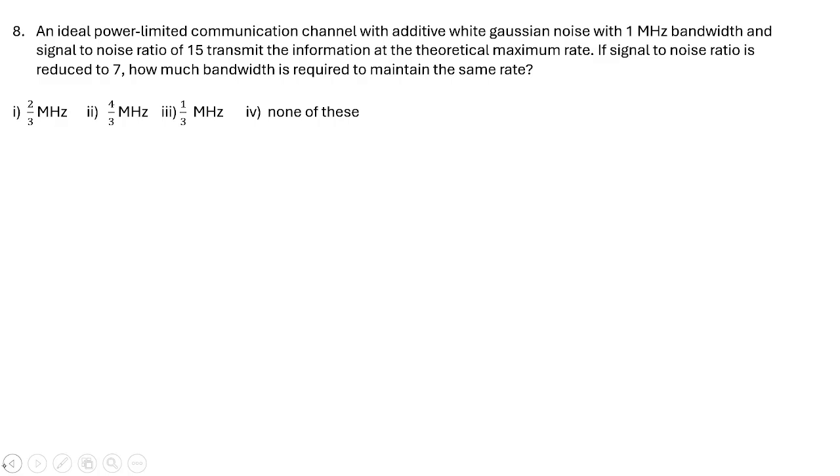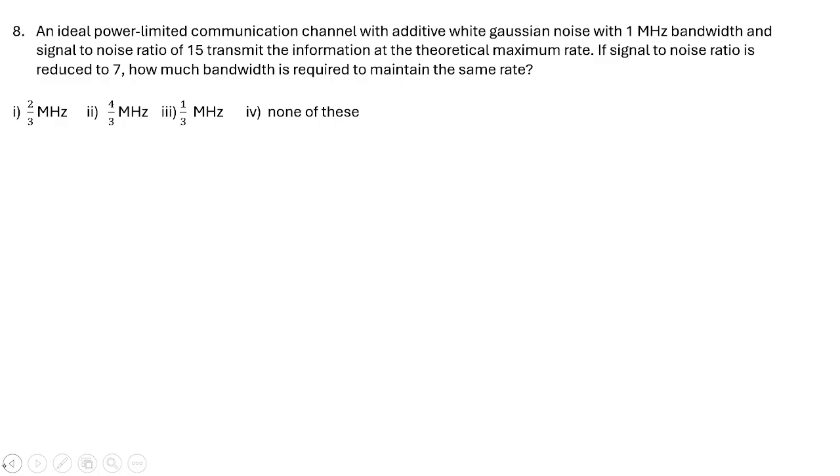If you try to transmit beyond this capacity, then arbitrarily low probability of error is not guaranteed. But as long as you are transmitting at channel capacity or less, you can always transmit your information with very low probability of error.